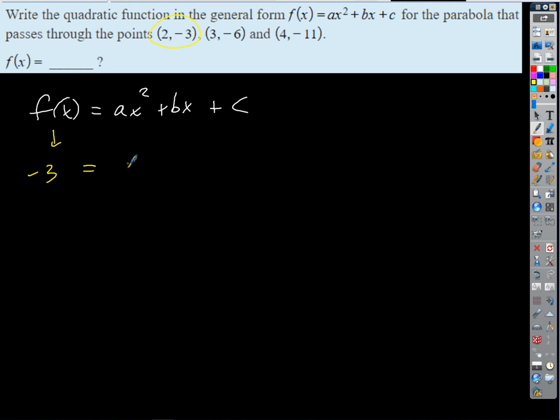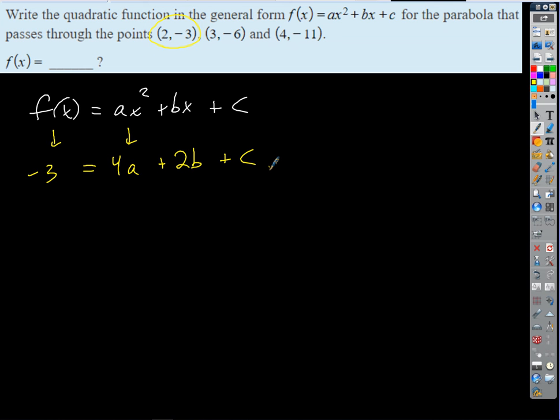Equals a times 2 squared, so 4a, right? Plus b times 2 is 2b plus c, right? Okay.